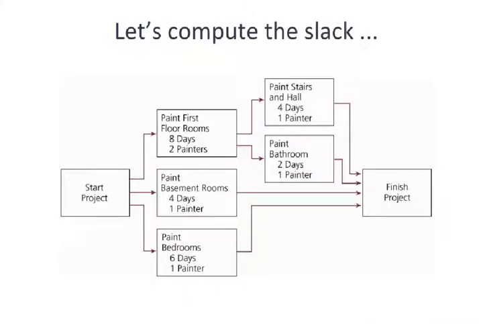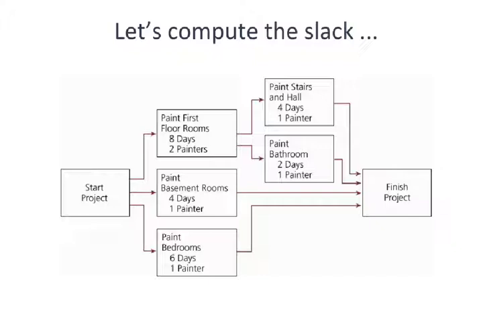The process of leveling resource utilization begins with understanding the critical path of the project and understanding the slack within the project. So we're going to go back to the network diagram now and quickly compute those things in order to be able to discuss the critical path of the project.